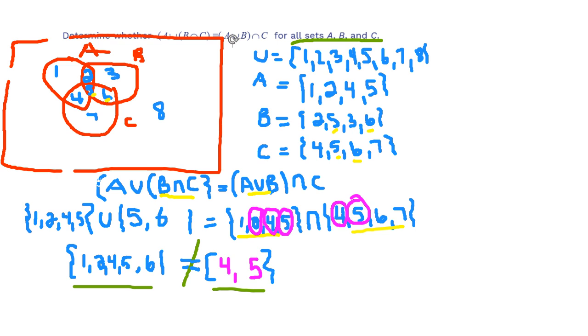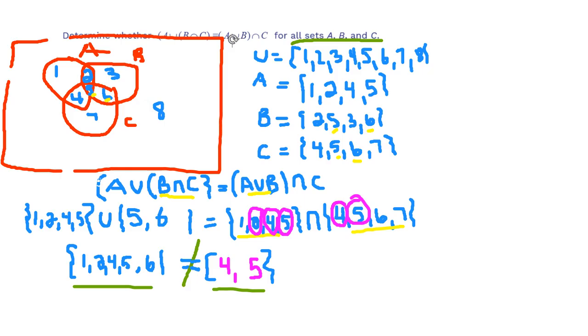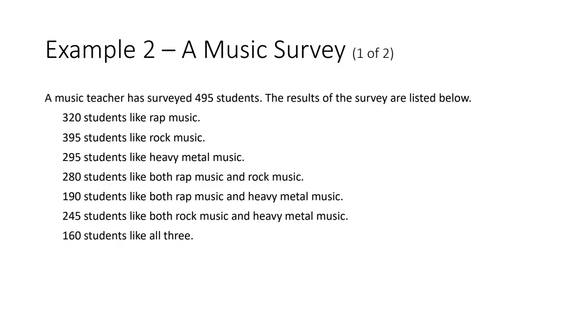Now we're going to use Venn diagrams to do some application problems. So we have a music survey. It says a music teacher has surveyed 495 students, and the results of the survey are listed below.